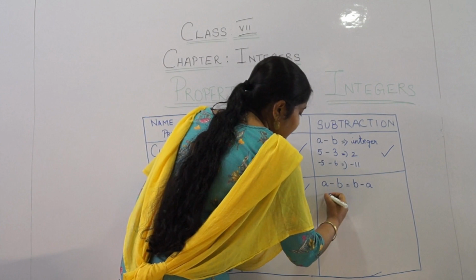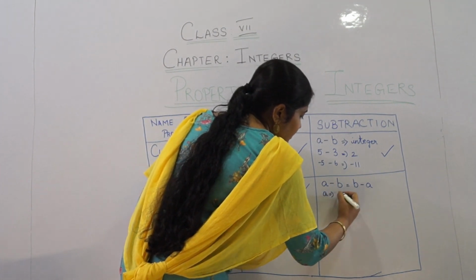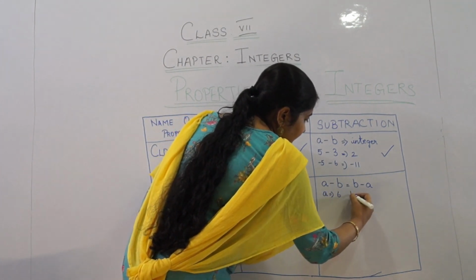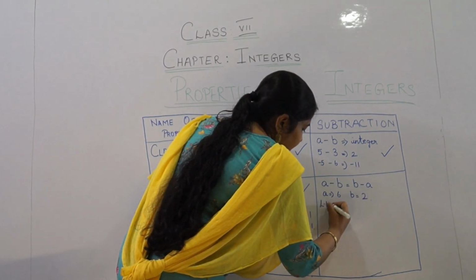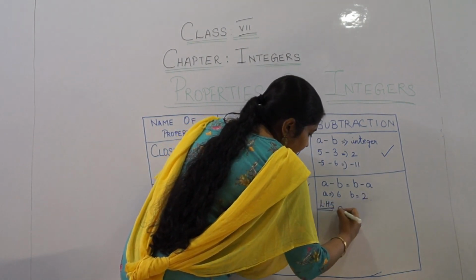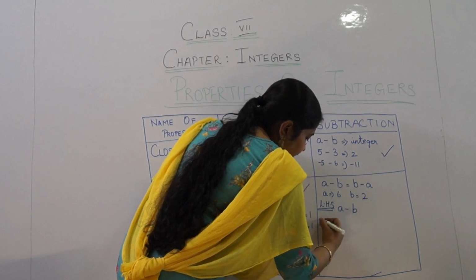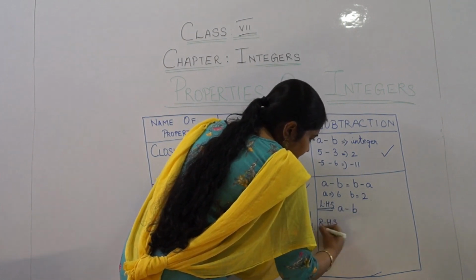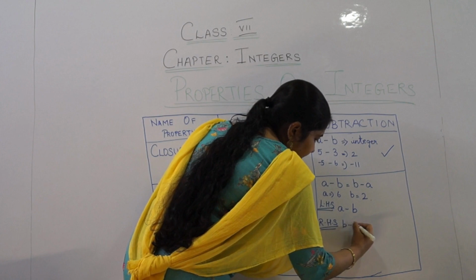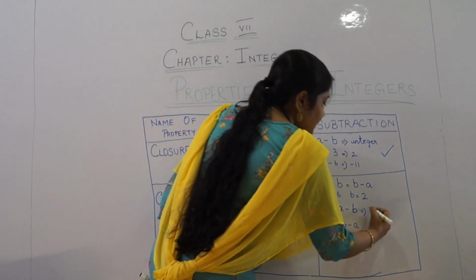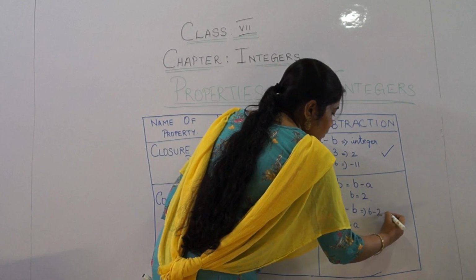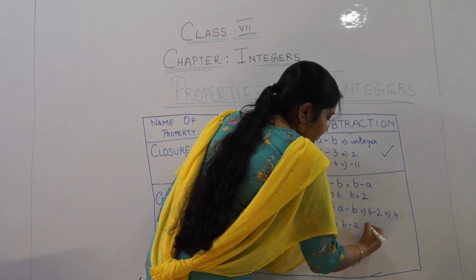Suppose I take an example, let a be equal to 6 and b be equal to 2. Now my left hand side here is going to be a minus b, and my right hand side is going to be b minus a. So what is my a minus b? It is nothing but 6 minus 2, which is equal to 4.